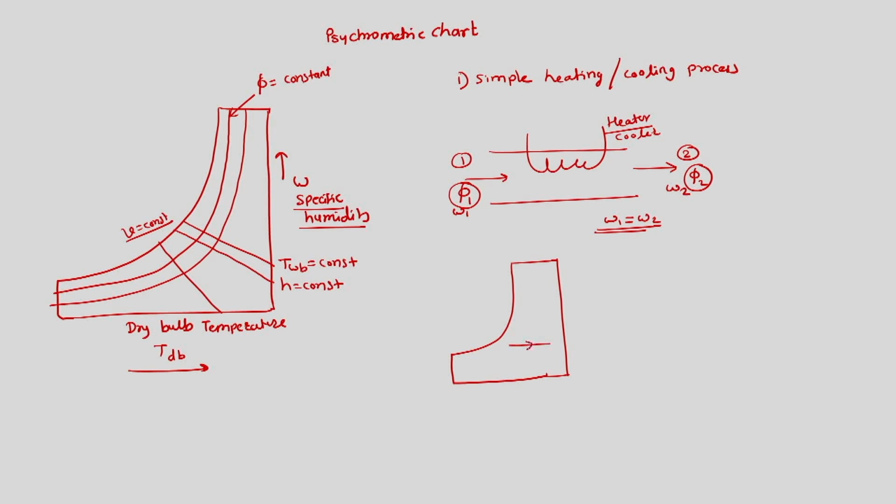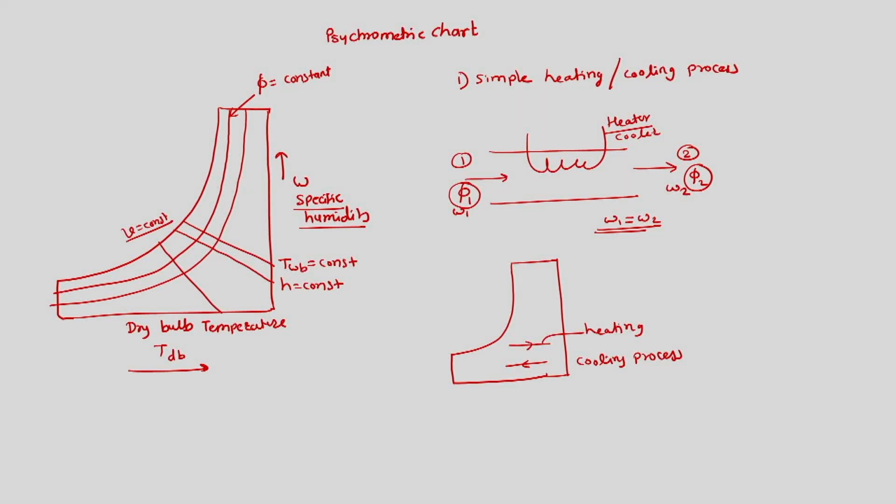Suppose this is the heating process and this is the cooling process. We have to draw a horizontal line at constant omega from the given dry bulb temperature, and then we get the final state on that horizontal line.